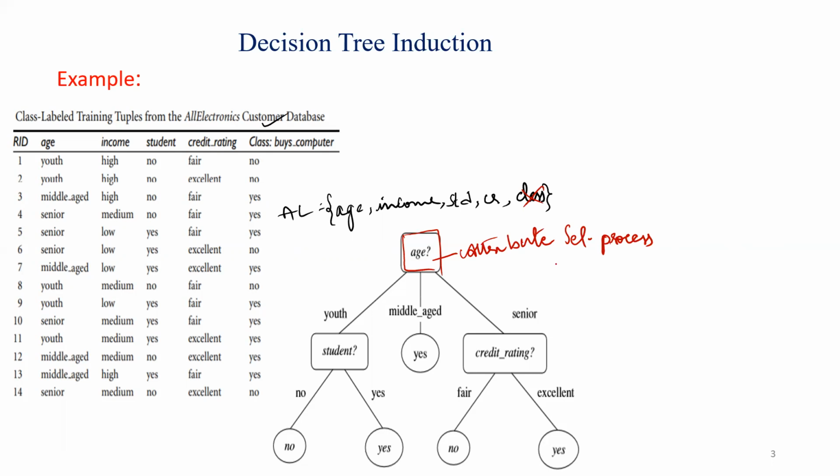We have three attribute selection measures: information gain, information gain ratio and Gini index. We can use any one of them to select the best attribute, which can best split the data set. Here also, they have selected age by following the attribute selection process, and that I will explain in the next video, okay?